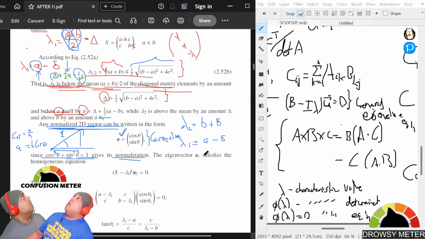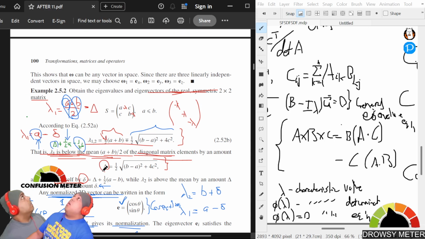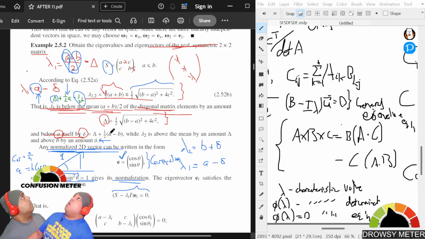The eigenvector E_i satisfies the homogeneous equation. Wait, we're still dealing with this. Well, why are we getting into this?